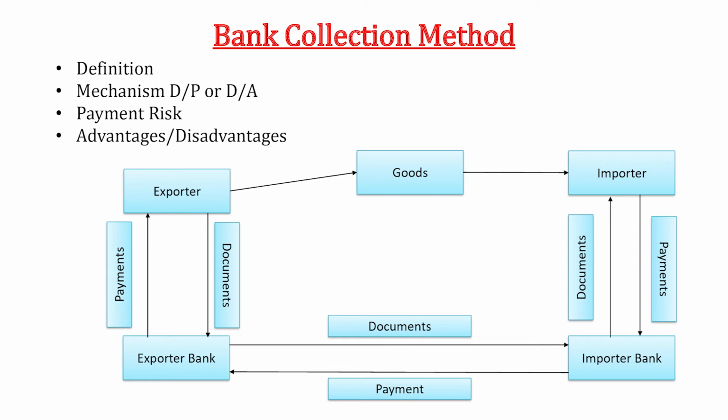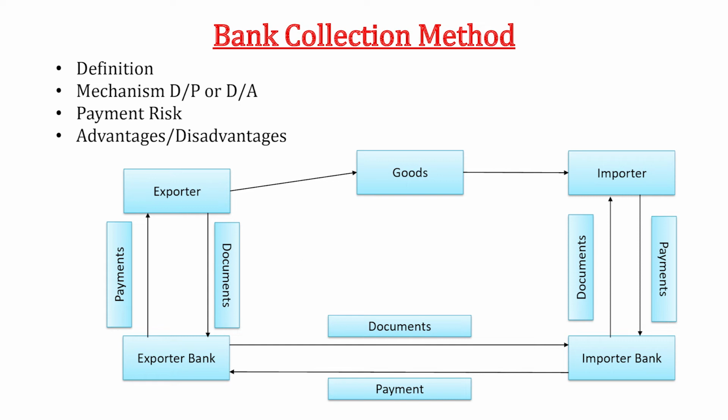The exporter's bank will not only send the documents, it will also send the payment term. Whether the payment term is DP, meaning documents should be delivered to the importer against payment, or if the exporter has given some credit period to the importer, then the instructions will be to give the documents to the importer against acceptance that he will make payment on due date.